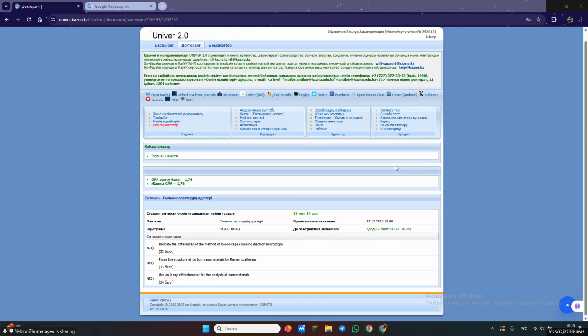Advantages? This is about using a small amount of sample. Low voltage SEM can reduce the charging effects.